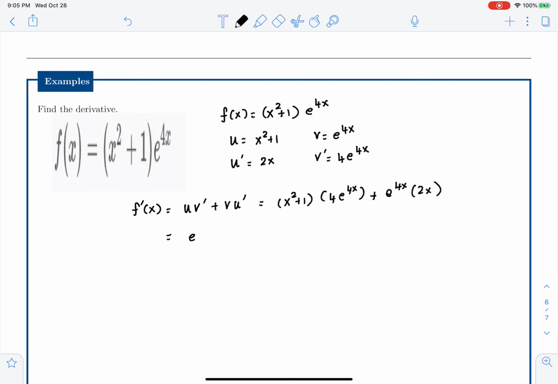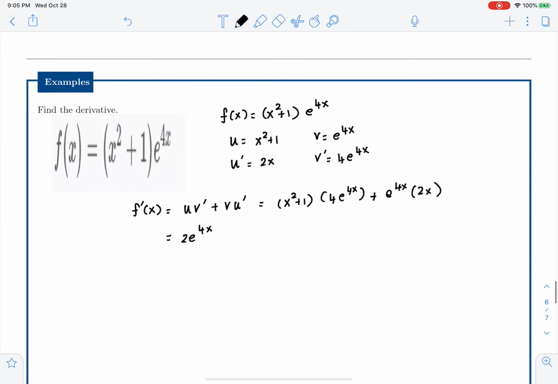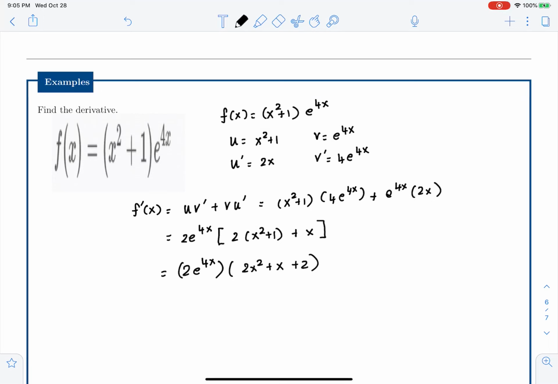And we also have a 2 in common, so we could pull that out. So we end up having 2 times x squared plus 1 plus x. So we have 2 e raised 4x multiplied by 2x squared plus x plus 2, and that would be the derivative.